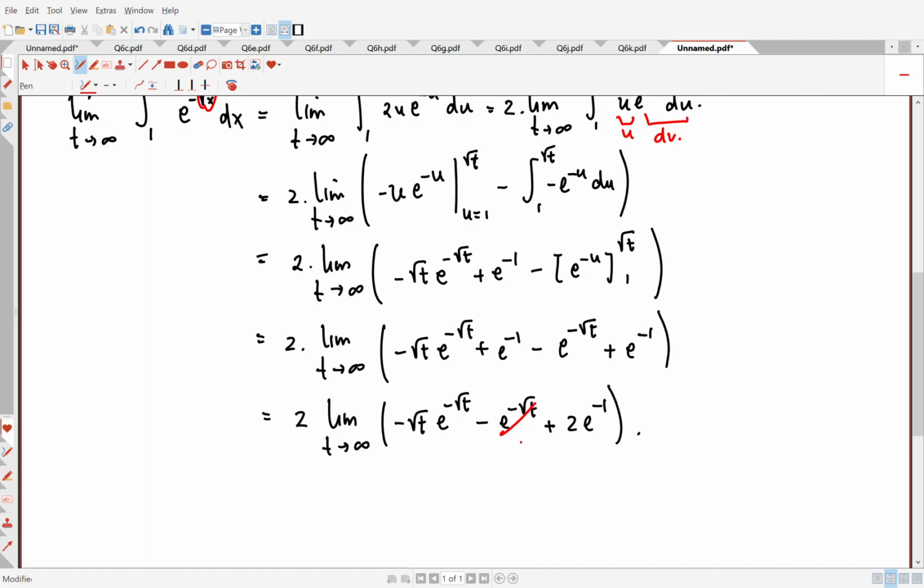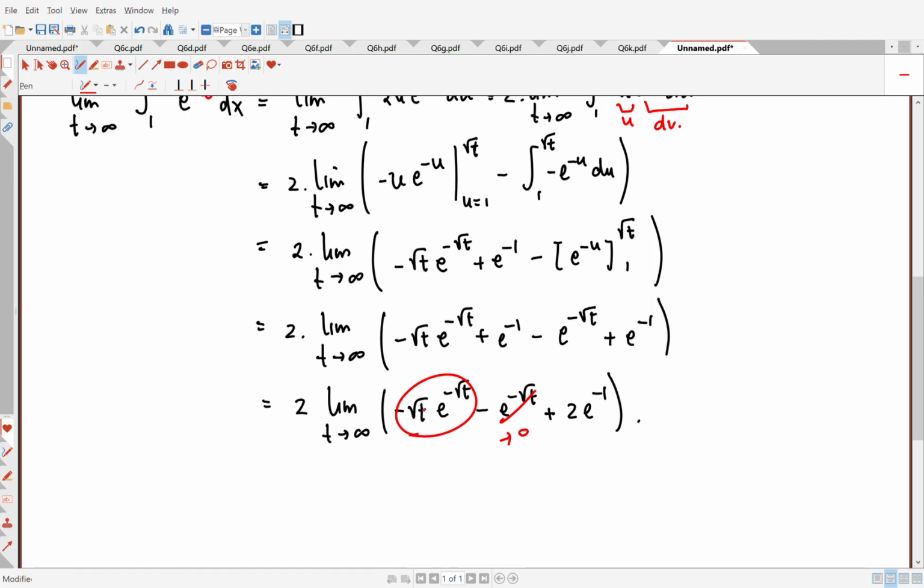This will tend to 0. This is just a constant. So our job is to think about whether this tends to a certain value or the limit of this doesn't exist. Okay, so here the limit t tends to infinity of square root t over e to the power of square root t.